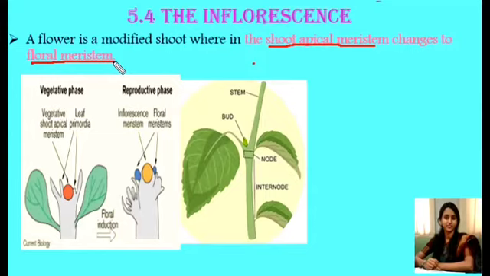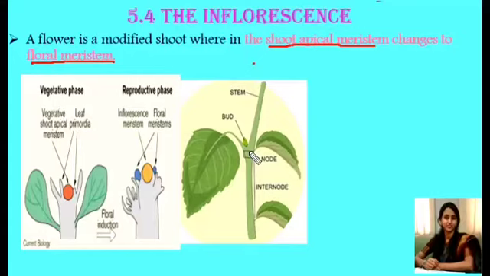Now a brief discussion about how the shoot apical meristem gets modified into floral meristem. Here the internodes do not elongate. What does it mean? During the vegetative growth of the plant body, this is a node.